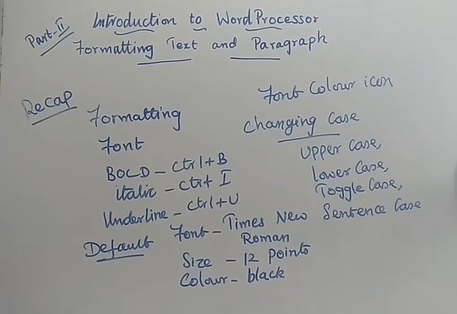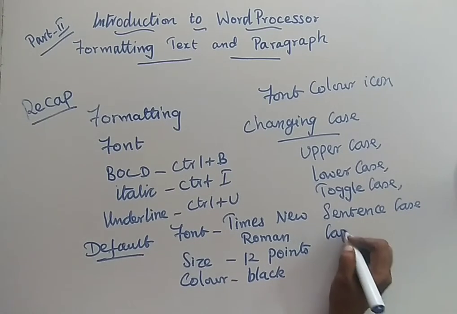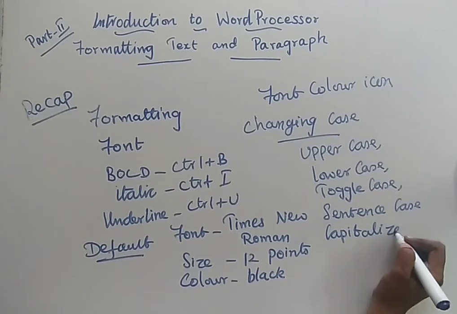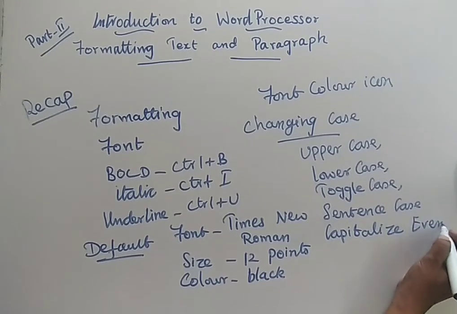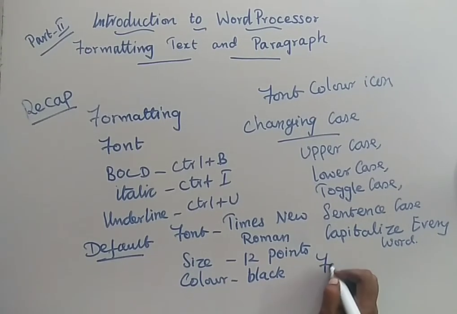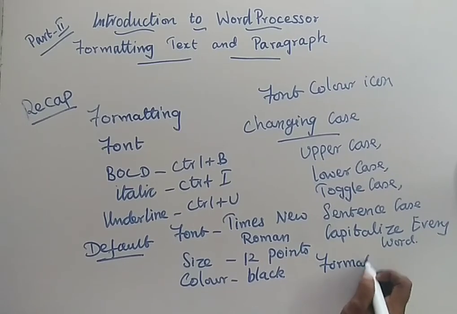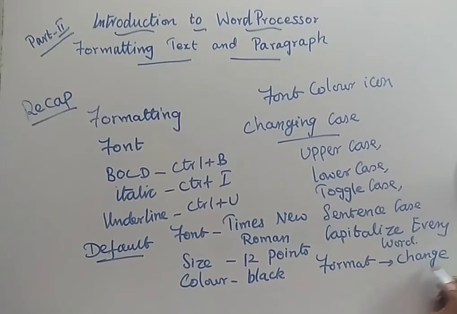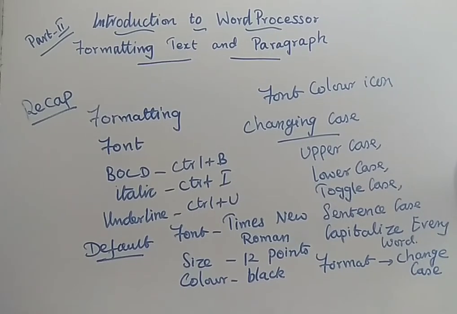The next one is capitalize every word. So these are the types seen under changing case. To use them, click Format, Change Case. A dialog box will be displayed, and from that you select the option.